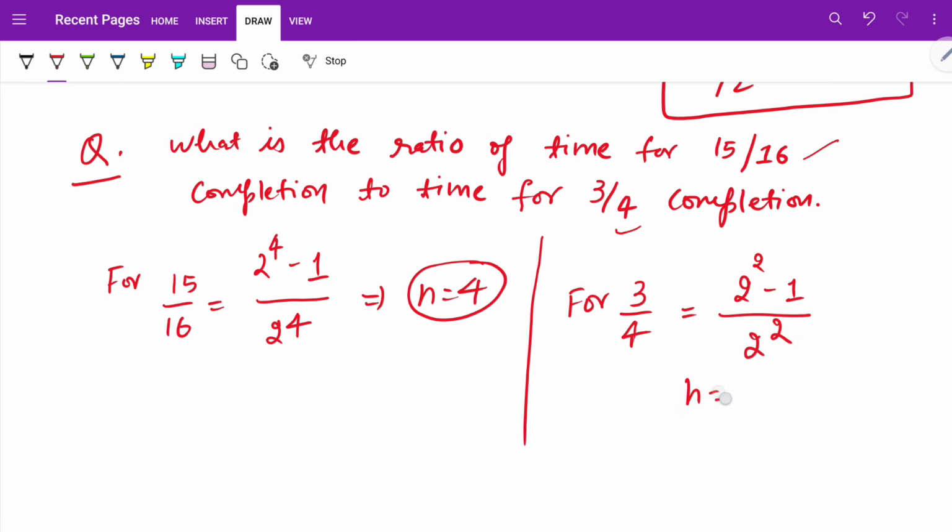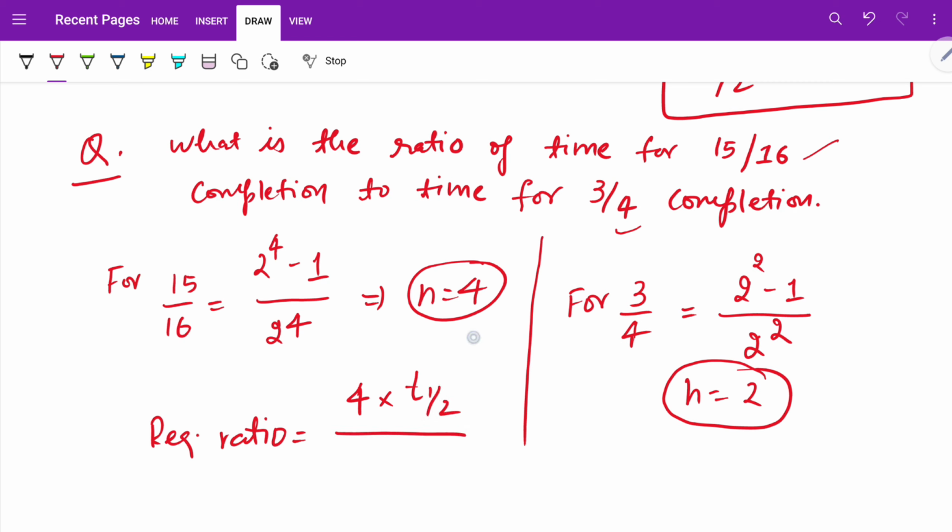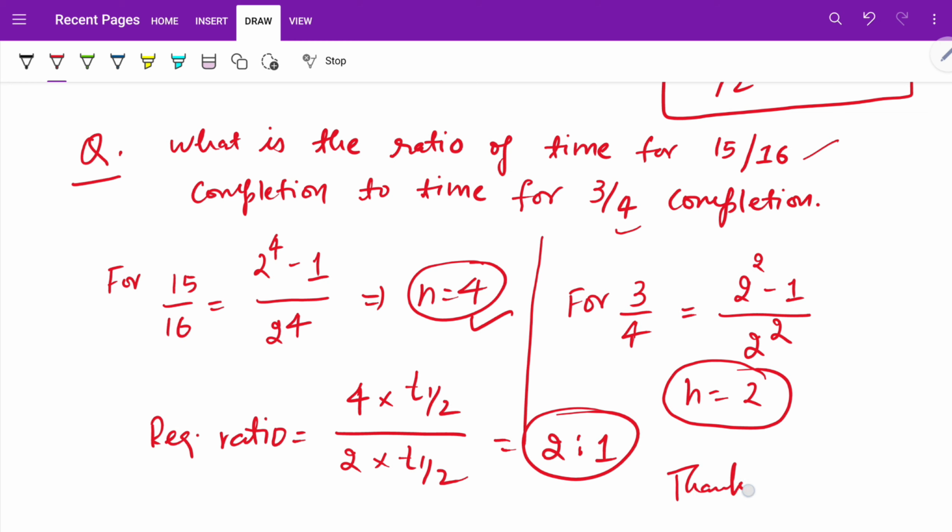So here we are getting n value as 2. So the required ratio I can directly calculate as 4 times T half divided by 2 times T half. So the ratio is 2:1.